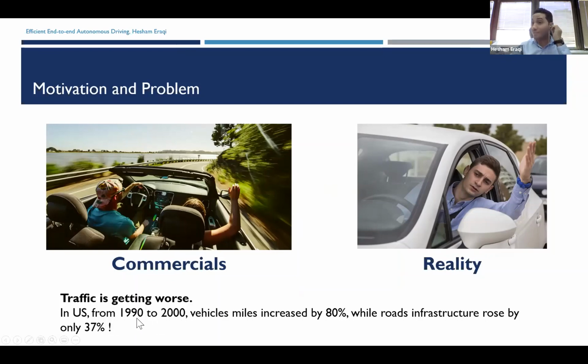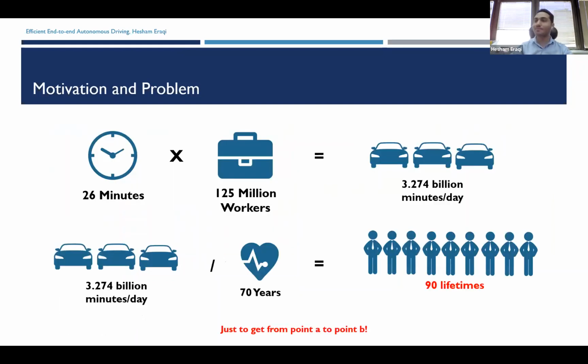In the United States, from 1990 to 2000, vehicle miles increased by 80%, while road infrastructure rose by only 37%. If you multiply the average commute time for a person in the United States by the number of workers in the United States and divide this number by the average life expectancy of a human, you will find that daily in the United States alone, people waste 90 complete lifetimes commuting just to go from place A to place B. And this is a huge waste of time.